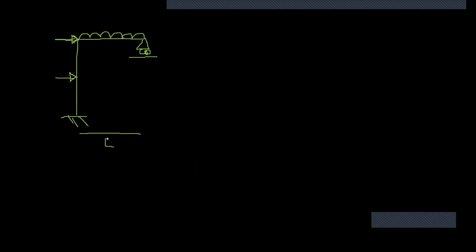Now I need to give a value. w squared, I say it is 6. So this is 2 kilonewtons per meter squared, right? This I would say 5 kilonewtons. This I would say 4 kilonewtons.